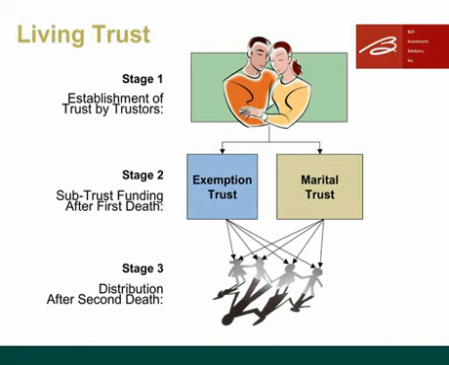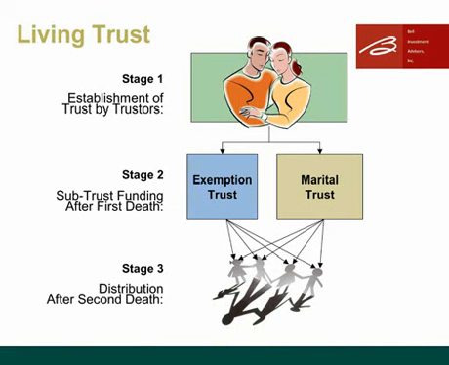So the law provides that upon the death of the first spouse, an amount equal to the exemption that's available in that year of death can be set aside in an exemption trust. This is sometimes called a bypass trust, a family bypass trust, or a credit shelter trust.